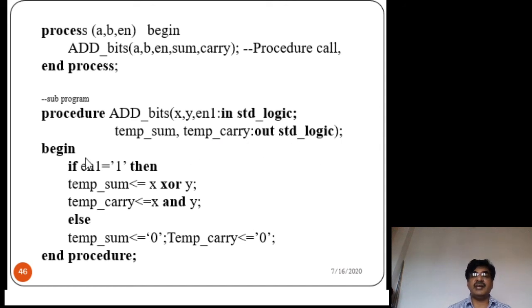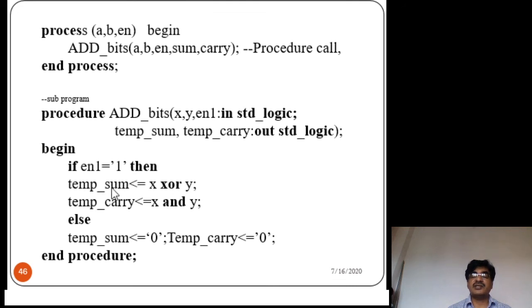Then begin. After begin, one of the sequential statements is used, that is if enable equal to 1, then temp_sum equal to x XOR y, temp_carry equal to x and y.